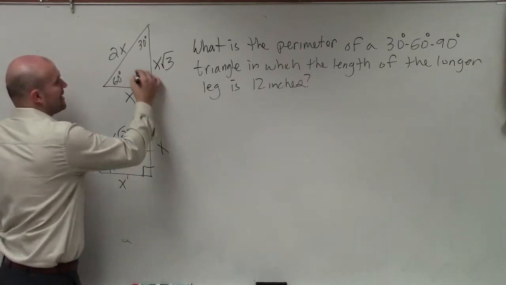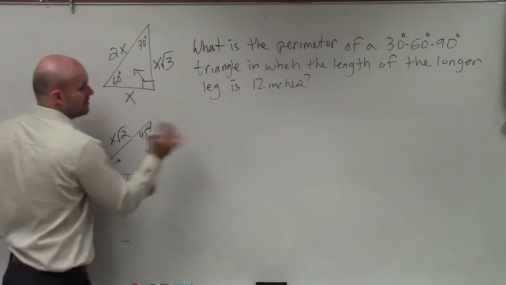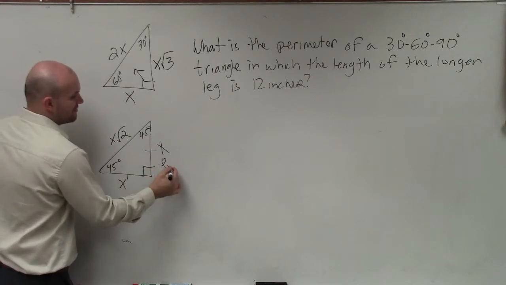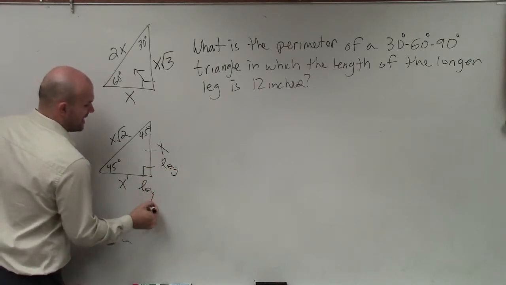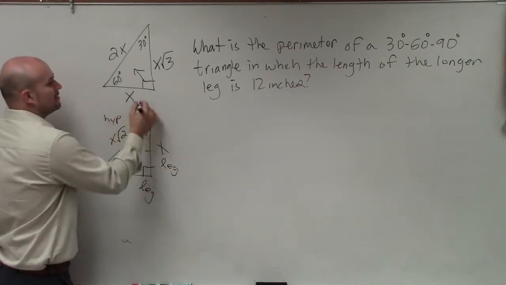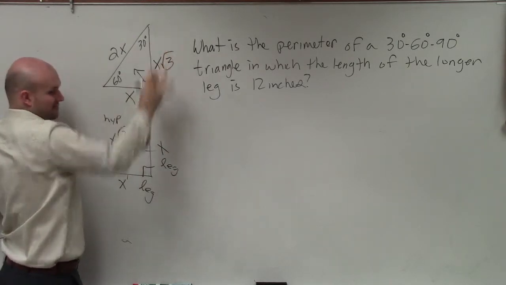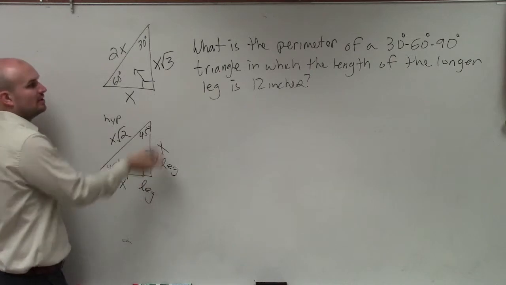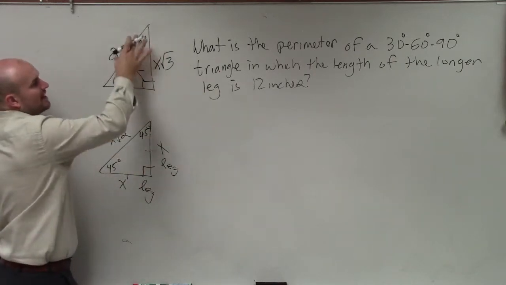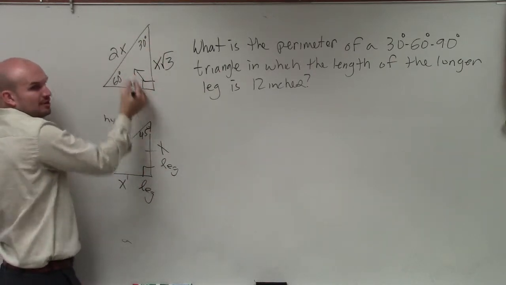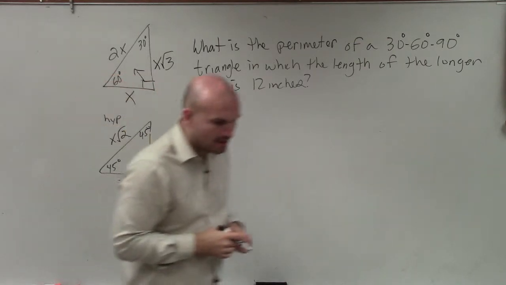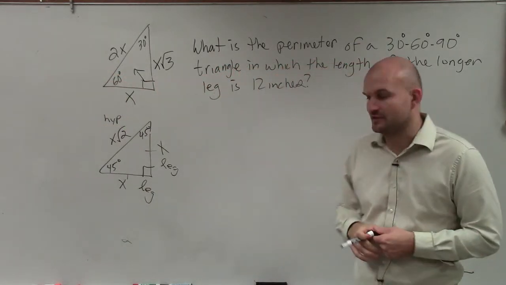Remember, this is always the hypotenuse. So when you have a right triangle, you have a leg, and the hypotenuse. So these are the two legs. We have the short leg and the long leg on this one. See here, the two legs are equal. Here, we call this short leg, long leg, and that hypotenuse is always directly across, right? Right. So it's a little bit different than the 45.